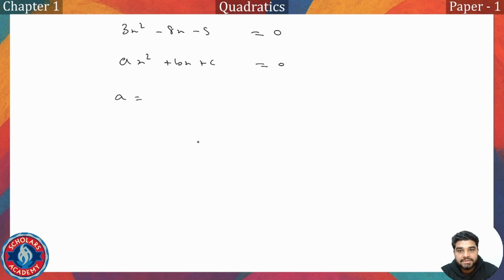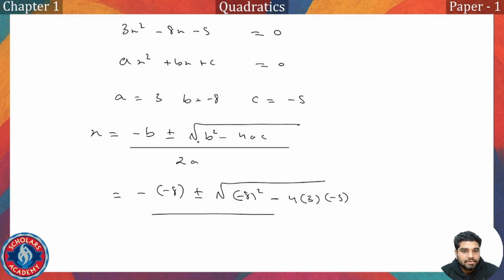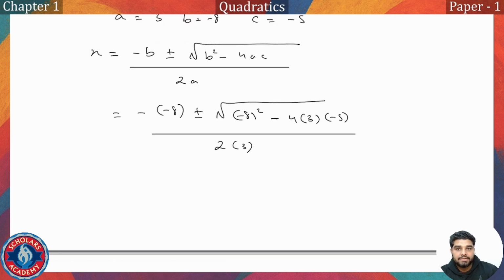From here we get a is equal to 3, b is equal to negative 8, c is equal to negative 5, and the formula says x is equal to negative b plus minus root of b square minus 4ac divided by 2a, that is negative of negative 8 plus minus root of square of negative 8 minus 4 times 3 times negative 5 whole divided by 2 times 3. So this is what we are getting.